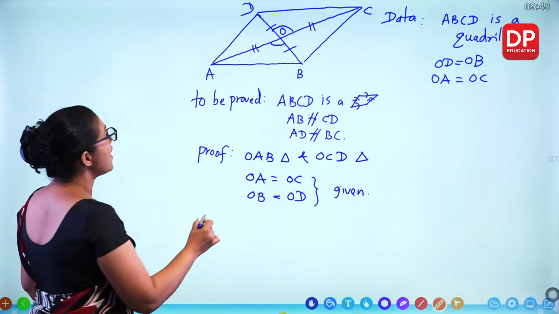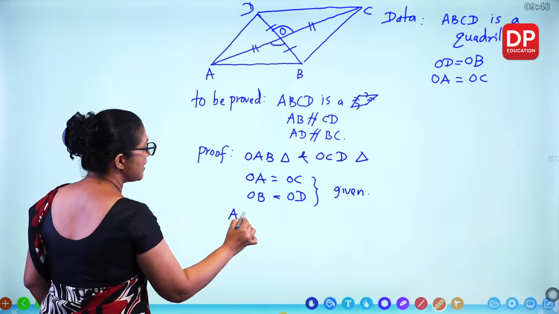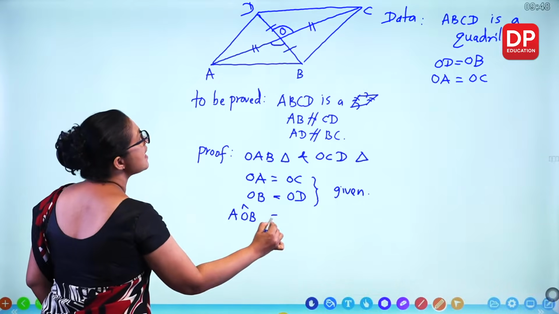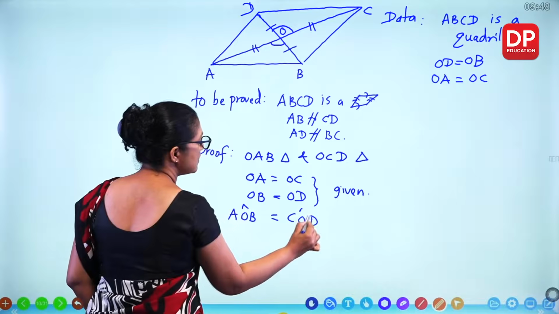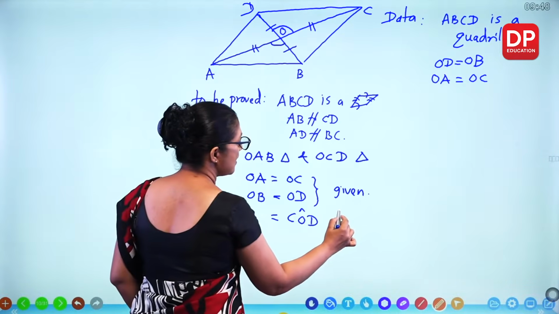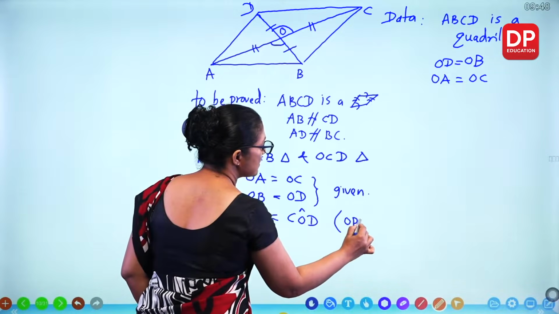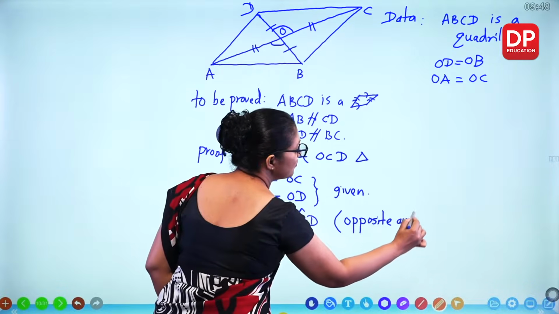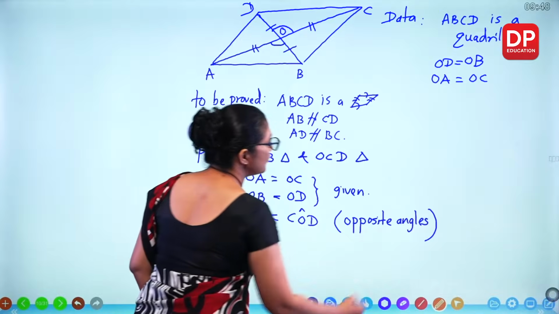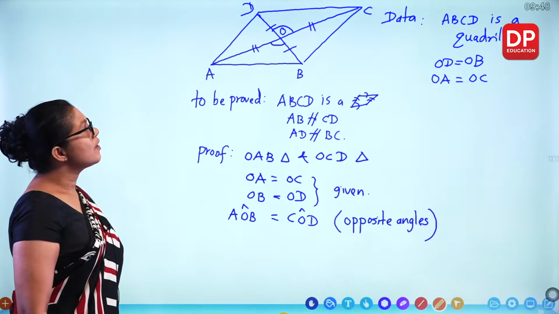So I can write AOB angle is equal to COD angle. That's opposite angles. Opposite angles are equal.